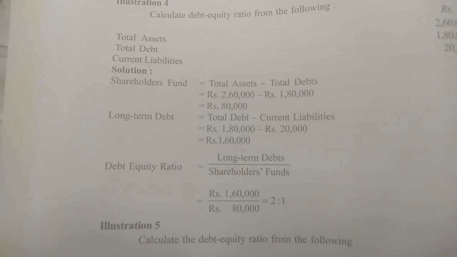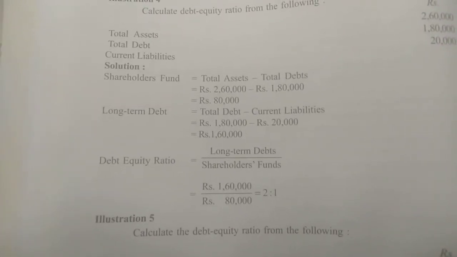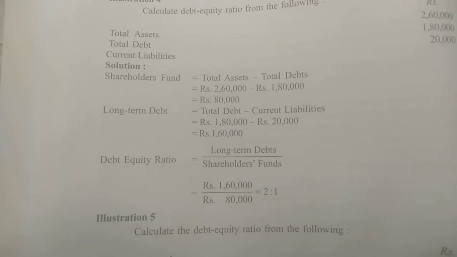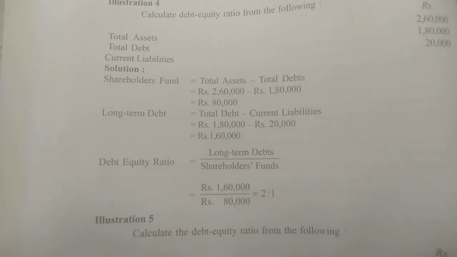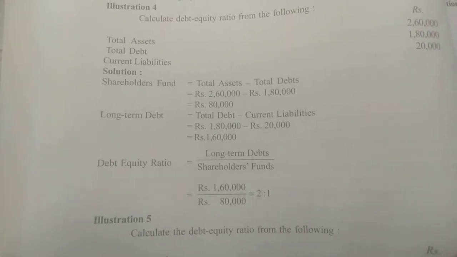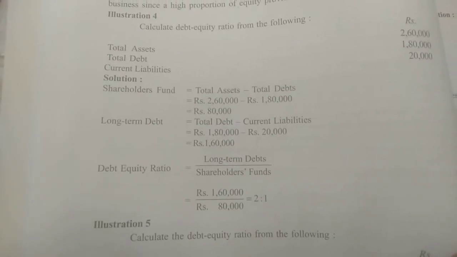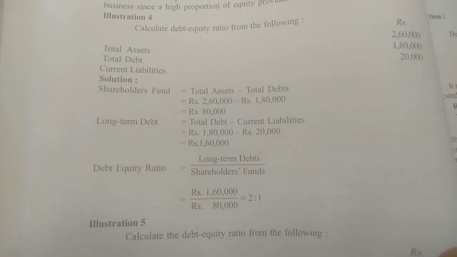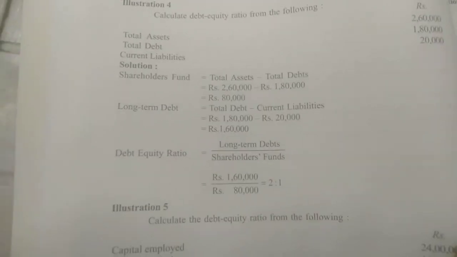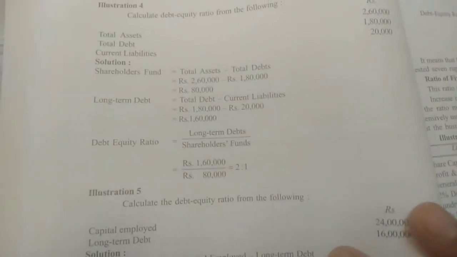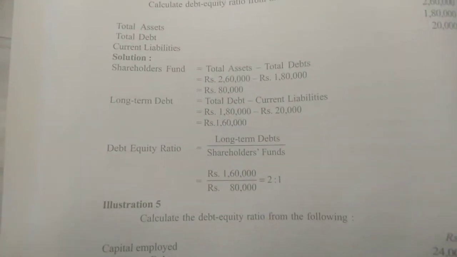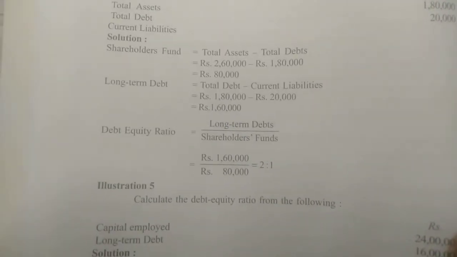Now another part which we need for calculating debt equity ratio is long term debts. Now what are long term debts? Long term debt is the amount which is obtained after deducting current liabilities from total debts, or in reverse order, total debts minus current liabilities is long term debts.